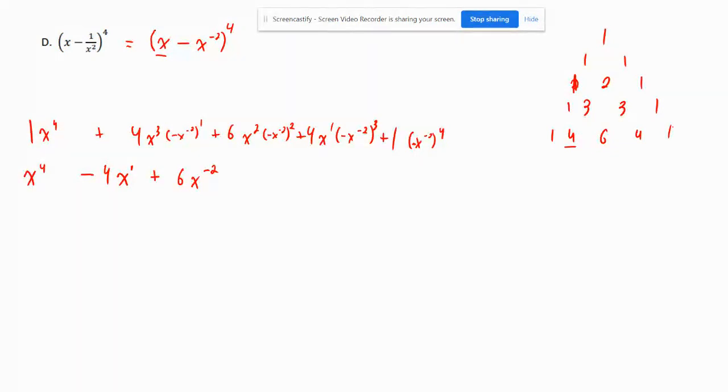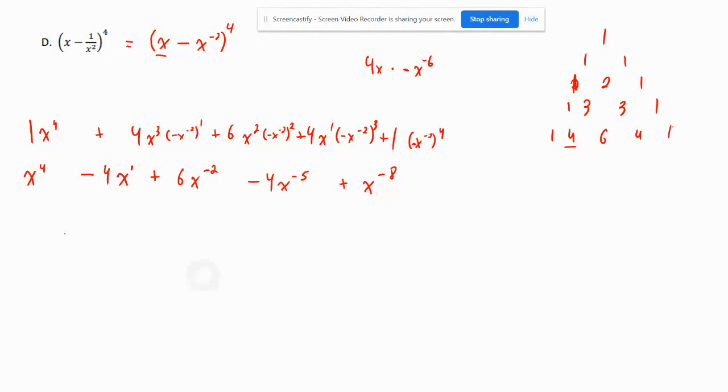Here we have, I'm going to write this one out here. We have 4x times negative x to the negative 6. So this is going to be negative 4. x times x to the negative 6 is x to the negative 5th. And our last one, negative x to the negative 4 is going to be a positive because we're taking a negative to an even exponent, x to the negative 8.